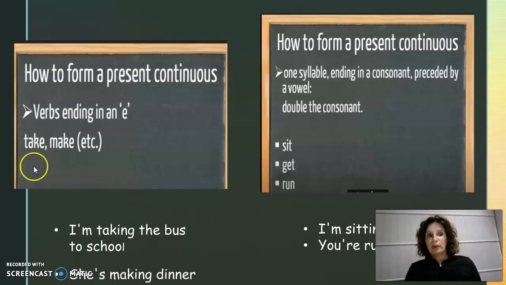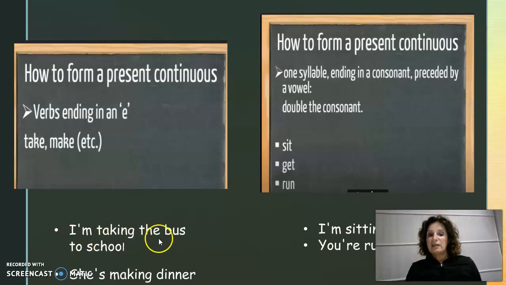For example, here we have two verbs ending with the vowel E. Take, make. What do we have to do before adding ing? We have to drop the final E. So the E disappears and then we add ing.